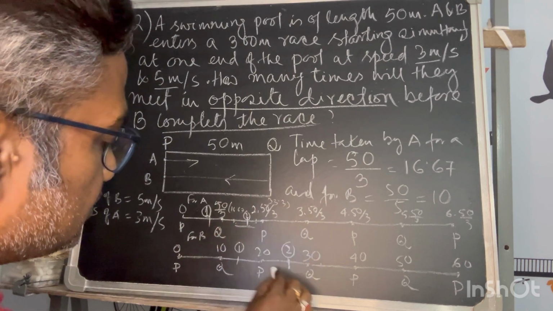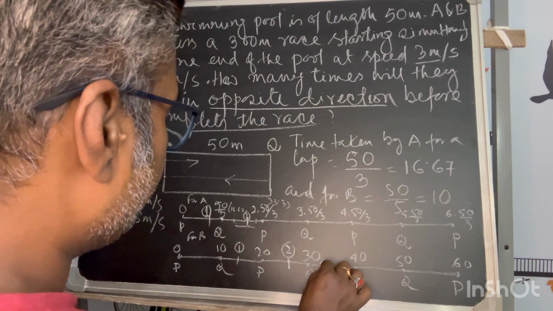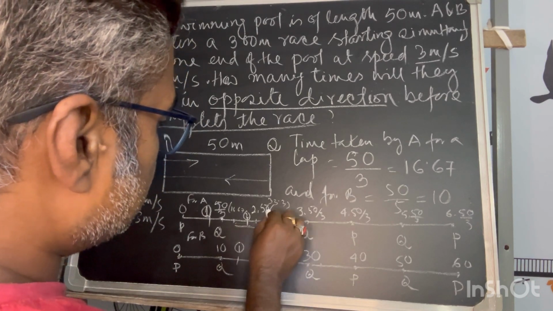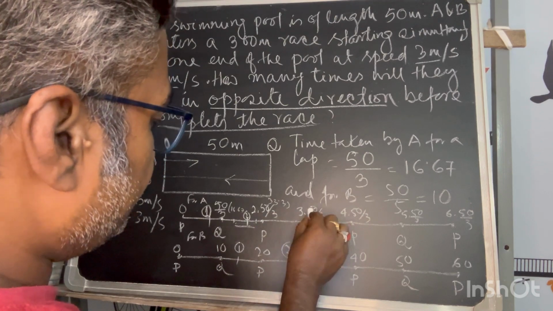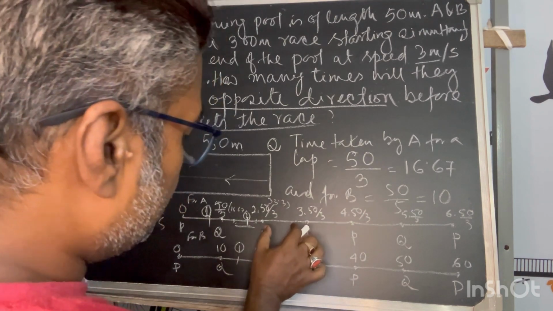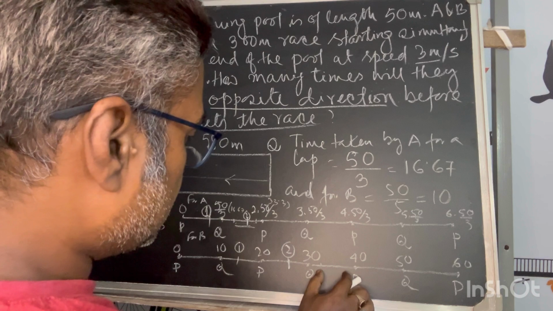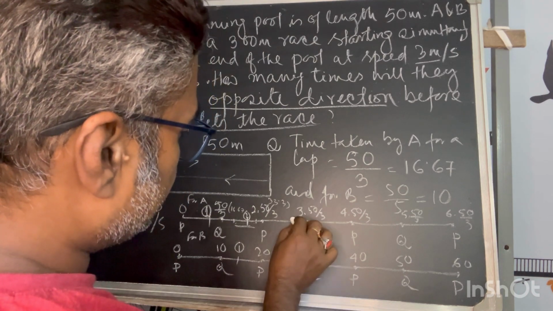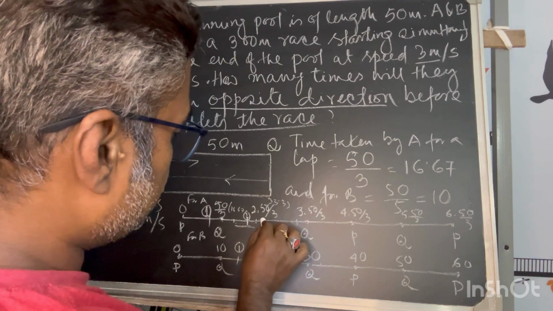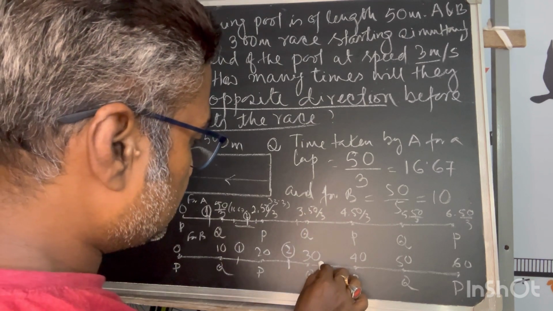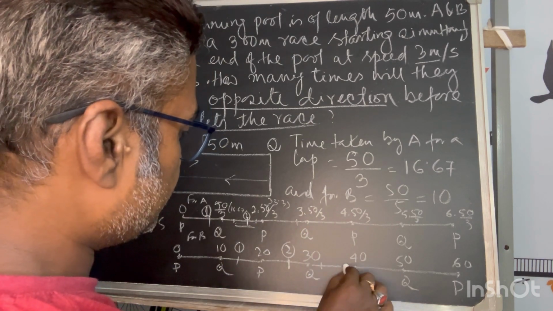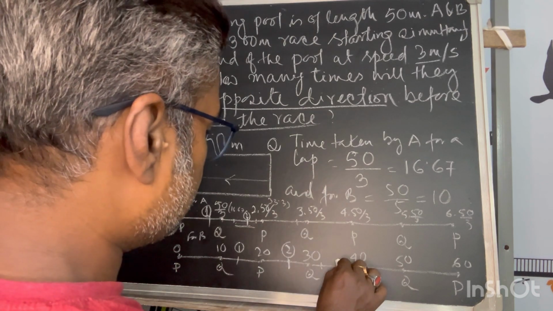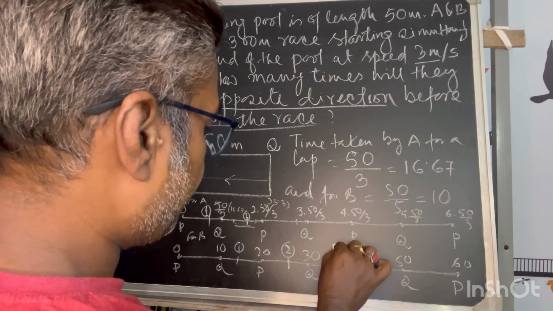Then after 33 will cross here, he will cross P to Q, means 33.33 to 50, he will be in P to Q. During that 30 to 40, probably he is there, 40 may be somewhere else, and 33 is here, he will be Q to P, he will be in P to Q. So there is a chance of meet here, third time.